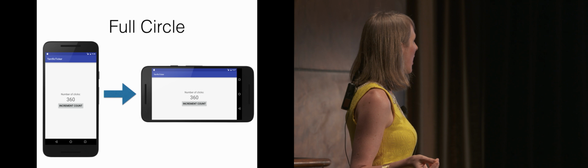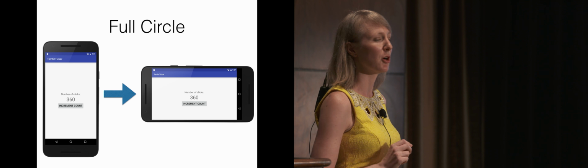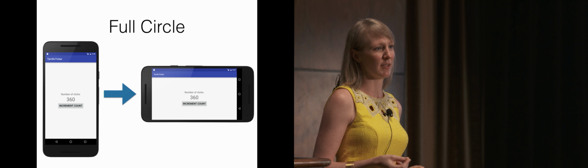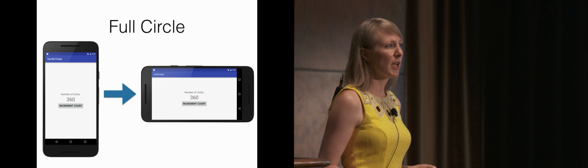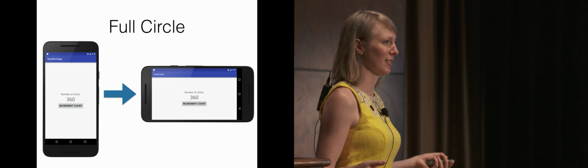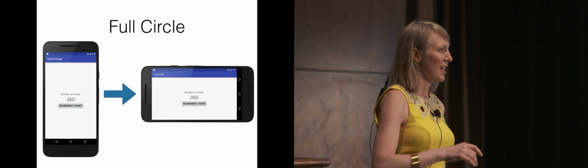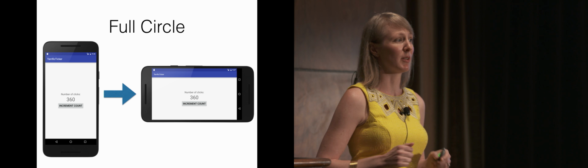Okay, so let's take this full circle here. This slide has lots of meanings about full circle. But ultimately, we started out with an example where I rotated my device and my state got lost. That stinks, right? Well, that's because when you rotate, the operating system treats this as what we call a runtime configuration.